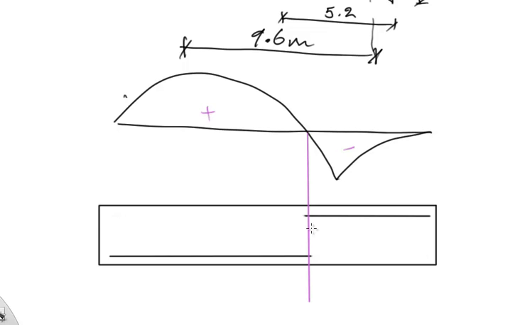Okay, now the thing is, is there an easy way or a hard way to find the location of the moment where it is equal to 0? Well, there are two ways.